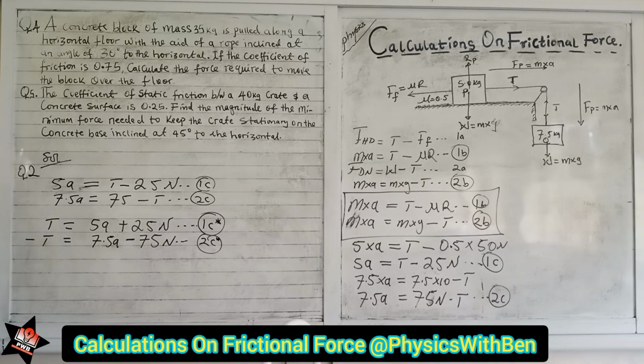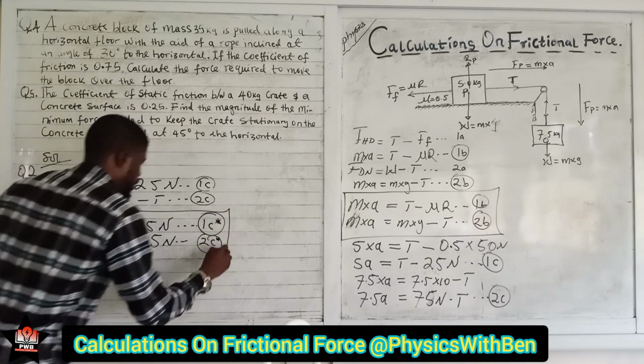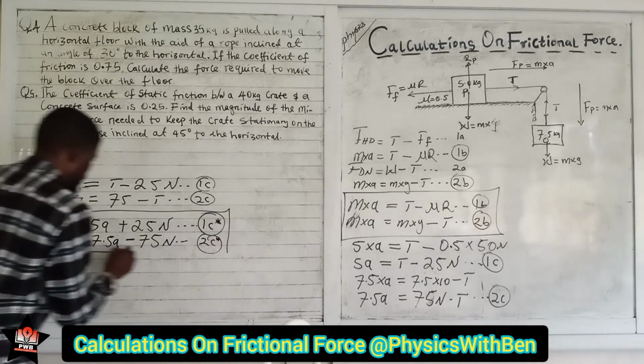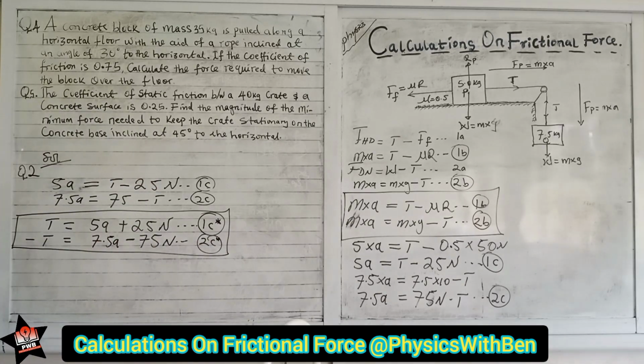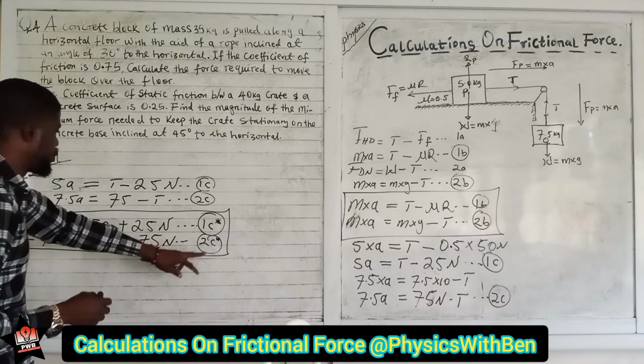Good. So we are going to solve using simultaneous linear equations at this point. The equations have been arranged for us to solve them using simultaneous linear equations, either by elimination or by substitution. So we are going to add equation 1 to equation 2.